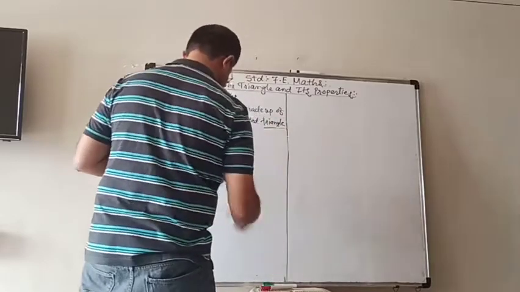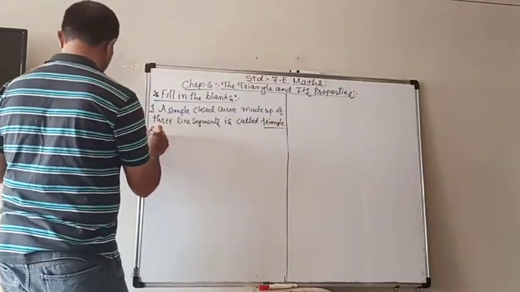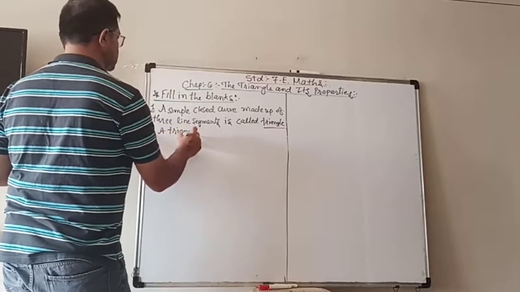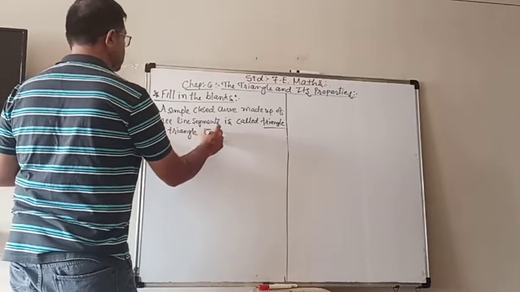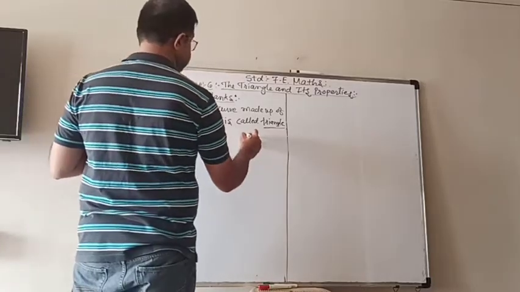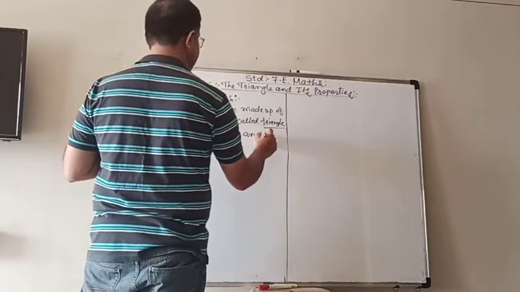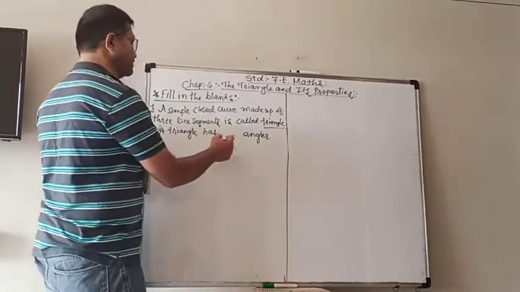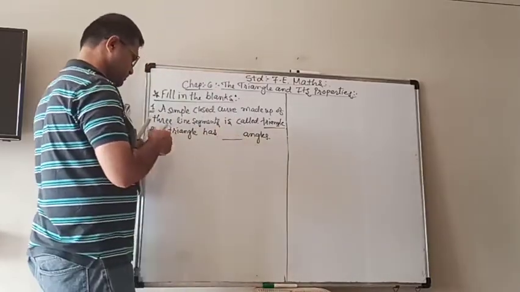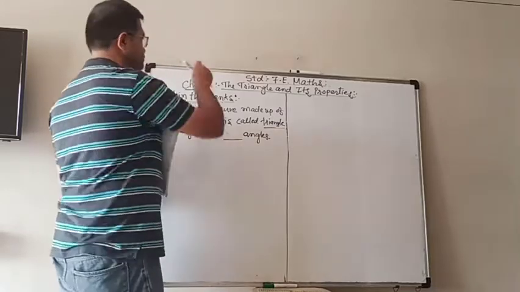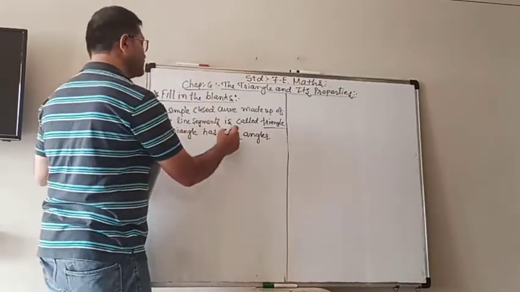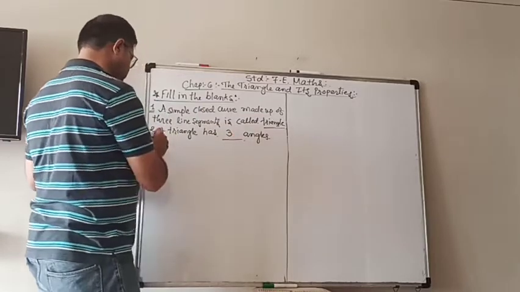Next, a triangle has dash angles. How many angles does a triangle have? Obviously tri means 3. So there are 3 angles.